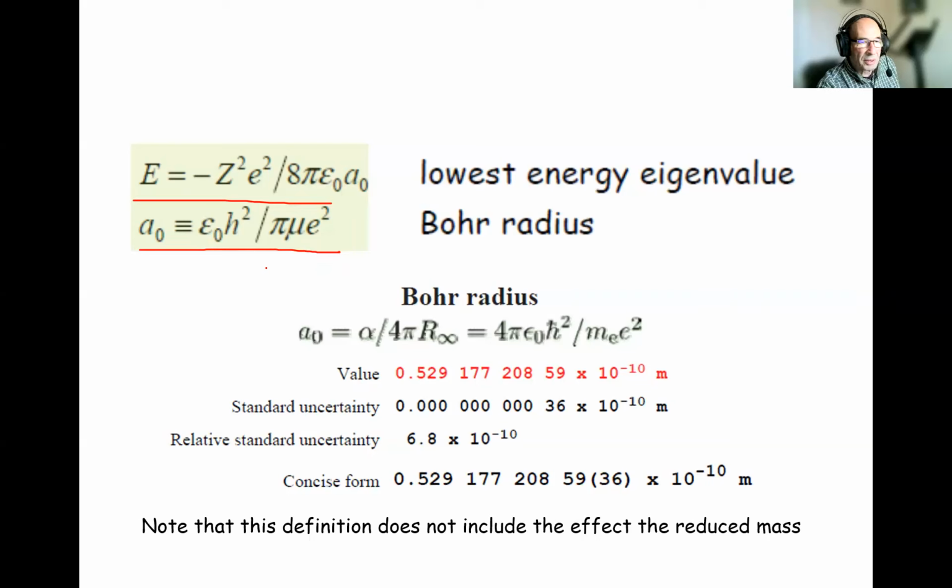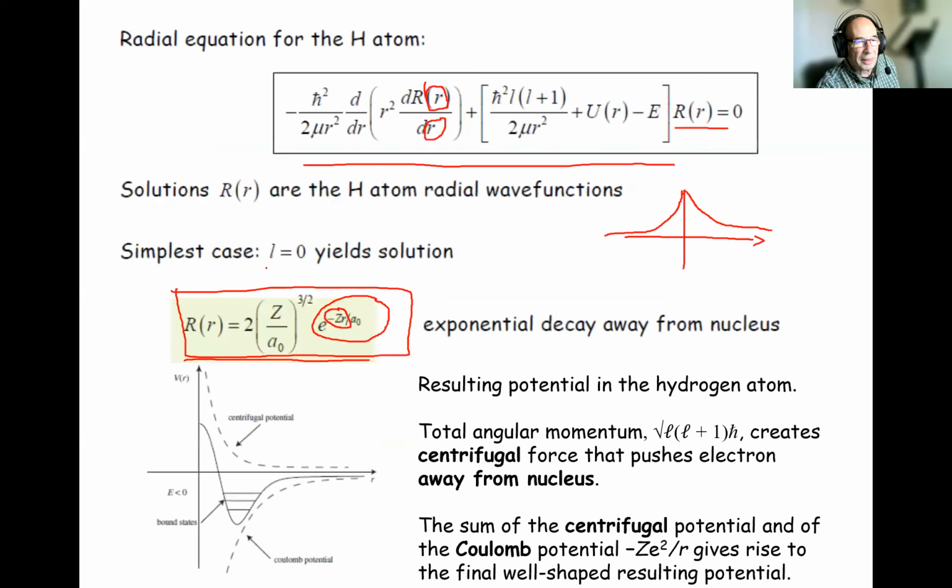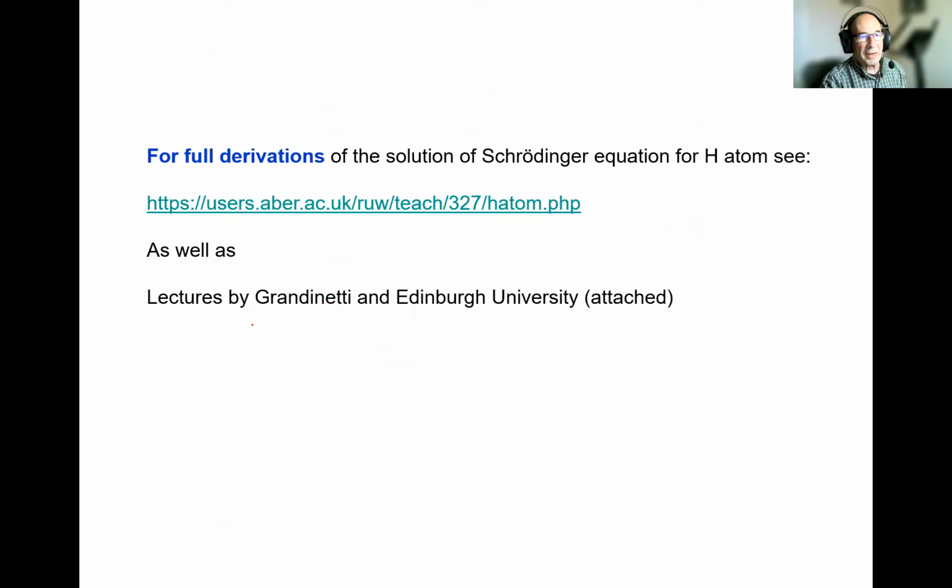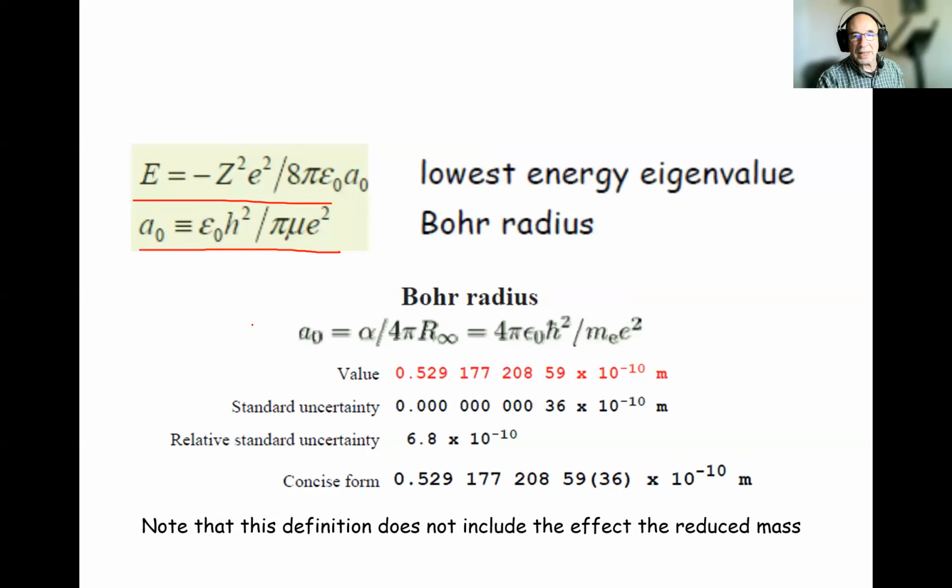So the wave function for the ground state is spherical, as we know, and it also has this coefficient here, which is the Bohr radius. And so the probability of finding an electron in the hydrogen atom has a maximum close to this Bohr radius. So this is a very fundamental thing to understand, because this determines all our sizes, right?